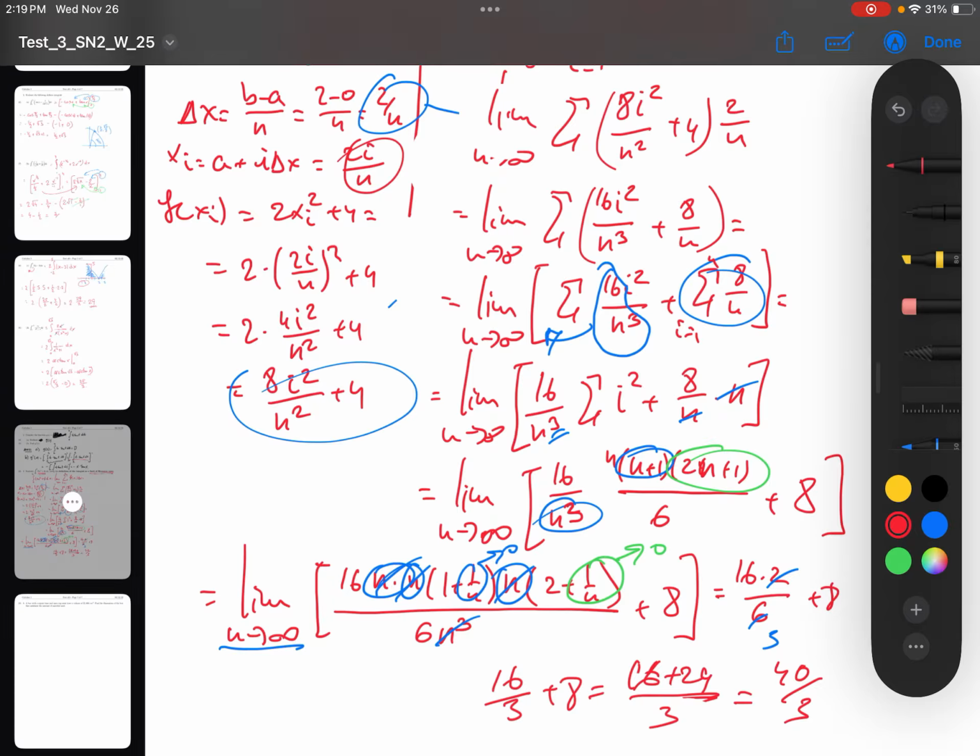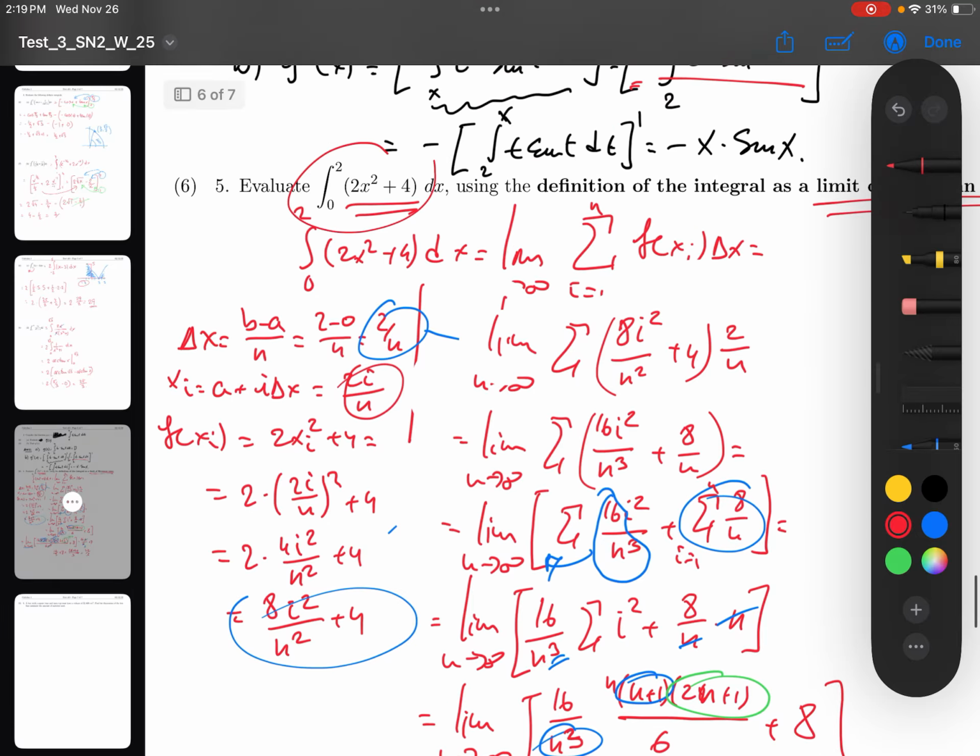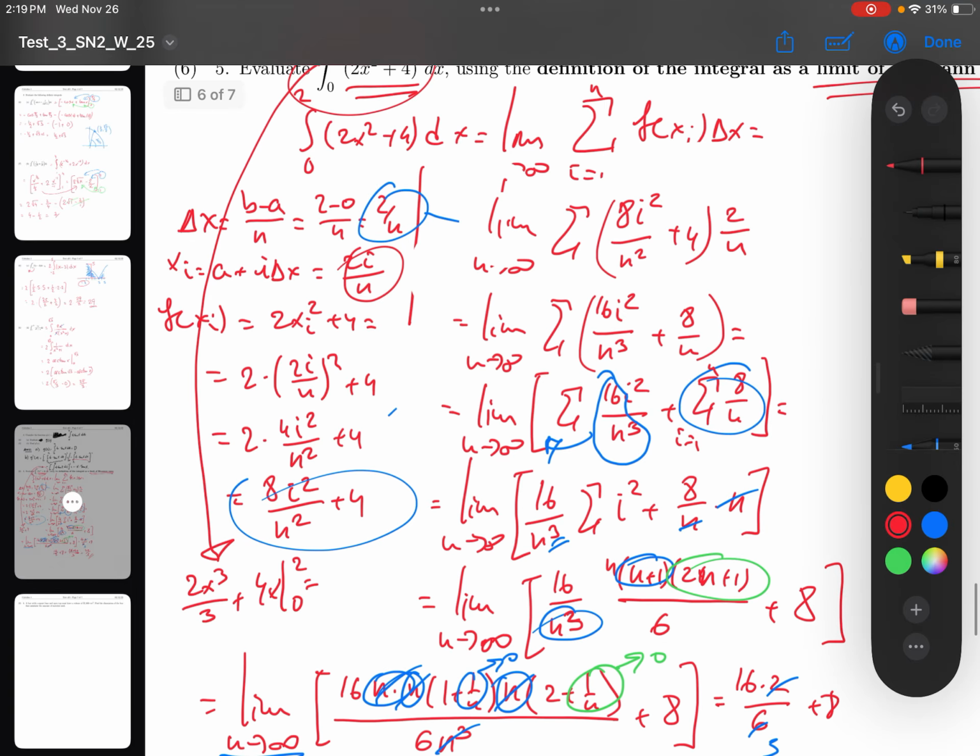You can always check if this answer is correct just by calculating this integral right here from 0 to 2 by evaluating the antiderivative. So that's 2x cubed over 3 plus 4x evaluated from 0 to 2.